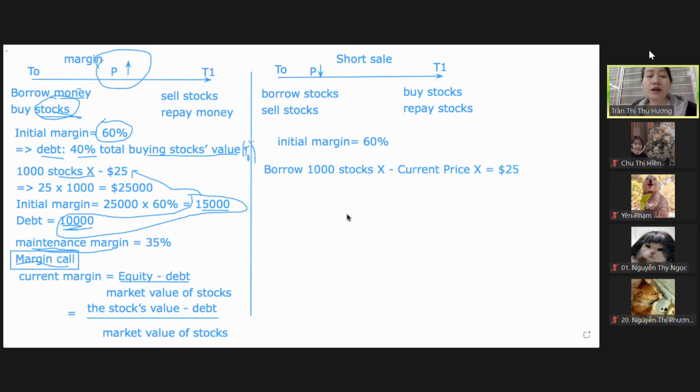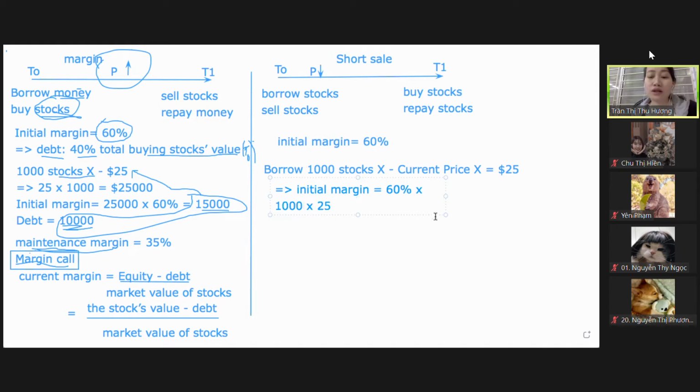Now if the initial margin is 60%, it means the securities company requires you to put 60% of 1,000 multiply $25 in your account. So your initial margin will be 60% multiply 1,000 multiply 25.